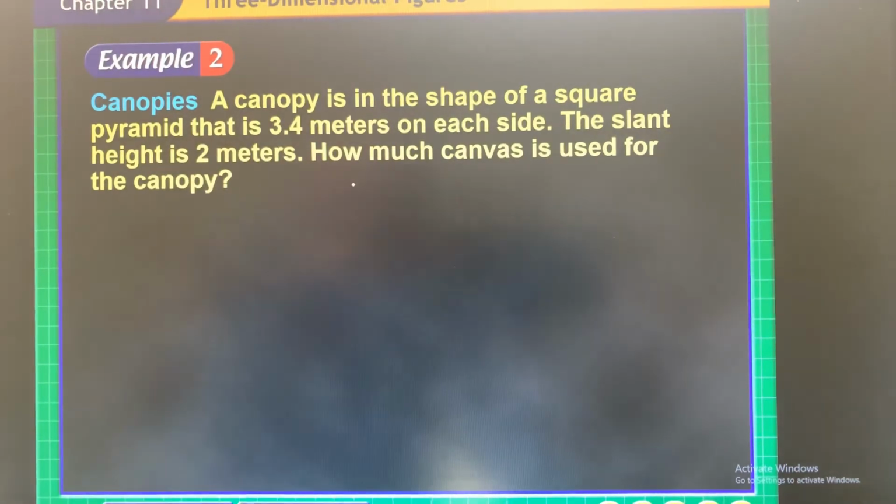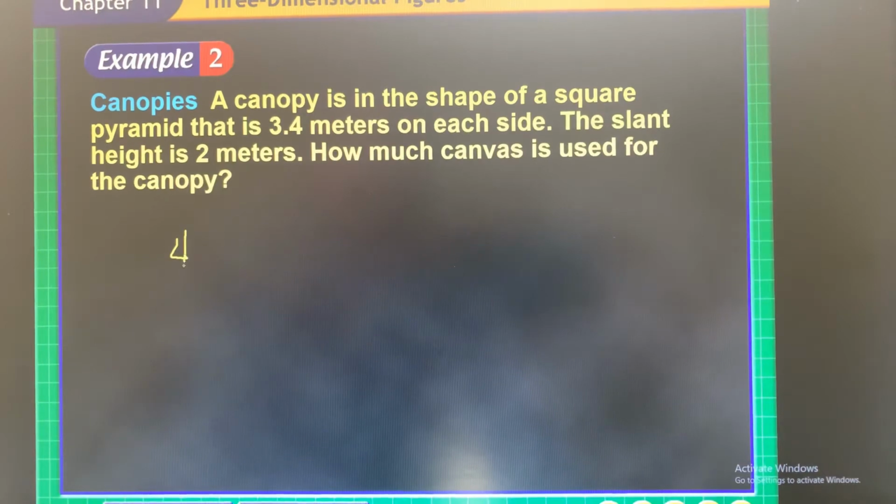A canopy is just a tent without a base. So it tells you it's got a square on the bottom. So you're not going to do the area of the square because when it's just a tent, there's no bottom to the tent. It just wants to know the triangles.